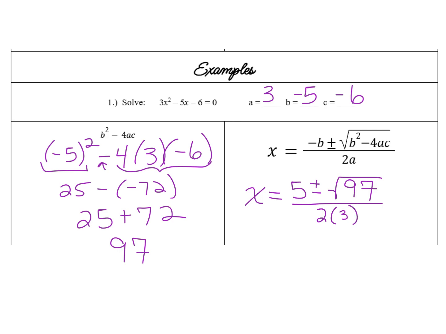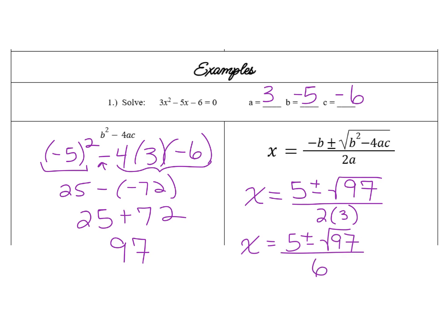Okay, so now when we go to simplify this, the first thing we would try to do is simplify this radical. But this radical represents an irrational number. It's not a perfect square, and it does not have a perfect square that goes into it. So what we have here is an irrational solution. So what we would say is that the answer is x equals 5 plus or minus the square root of 97 over 6.